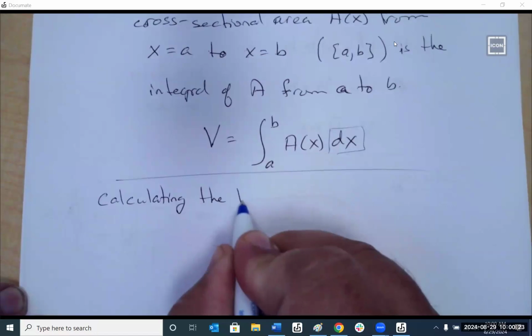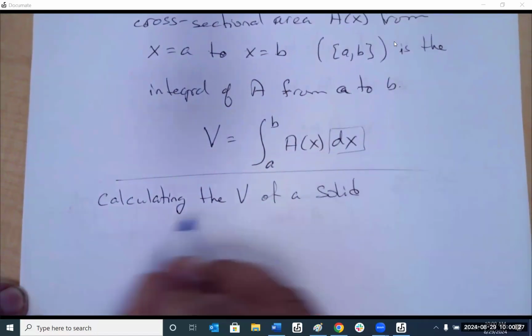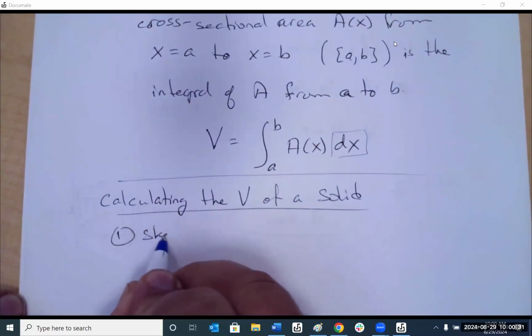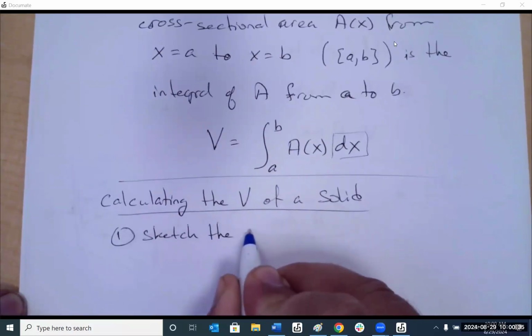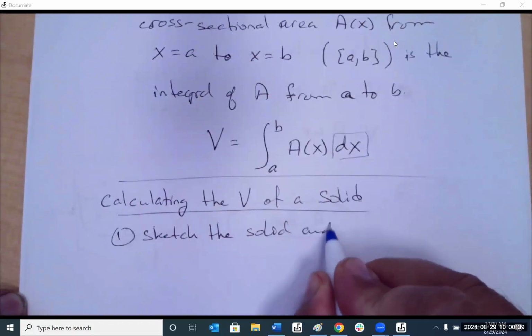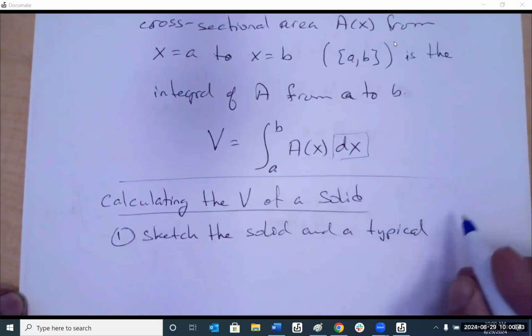Calculating the volume of a solid: 4 steps. Step one, roughly sketch the solid and a typical cross section, what it's going to look like.